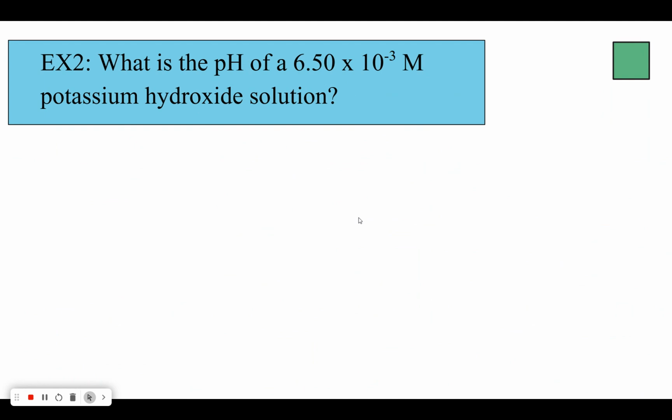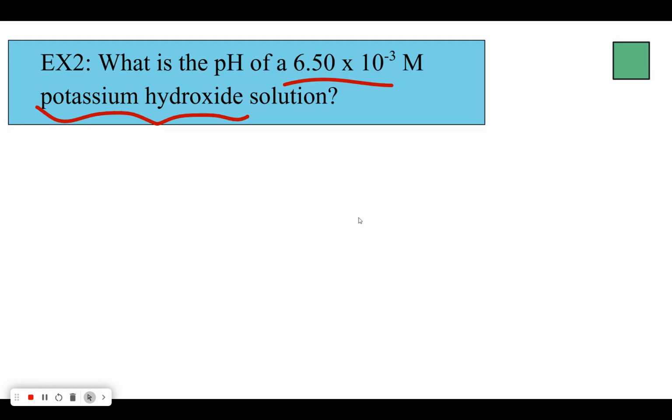For this one, I know I've got a molarity, a concentration to work with. My instincts are screaming at me to take the negative log of this number, but it didn't tell me whether this is an H or an OH concentration. We've got to be able to decode the solution name, turn it into a formula to see if this is an acid or a base, if it's going to be an OH or H-based solution moving forward.